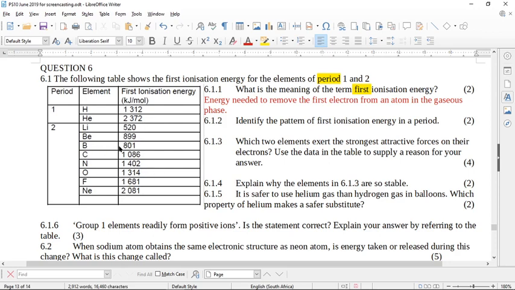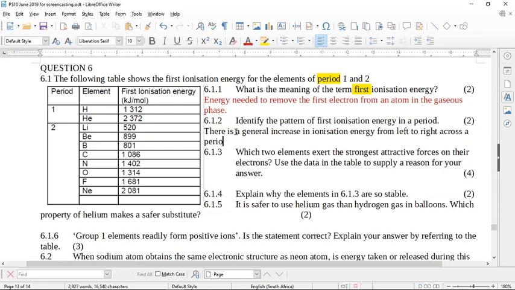Yes, boron and oxygen slightly slip out of the pattern, but if you were to graph this from left to right, there is a general increase, and that is what they are looking for: a general increase in ionization energy from left to right across a period. So the pattern is that it's increasing from left to right.